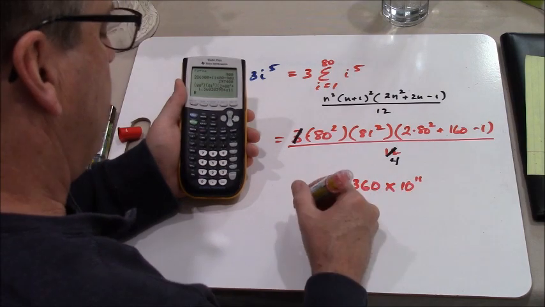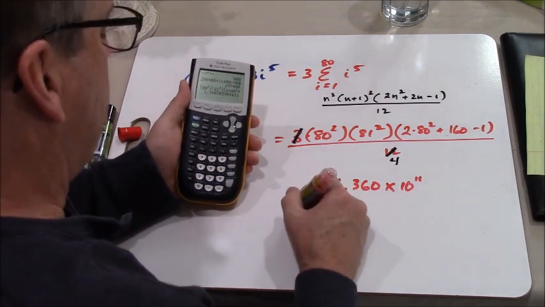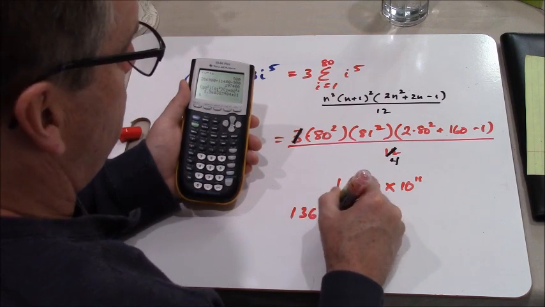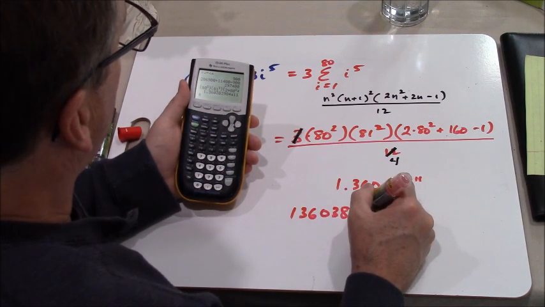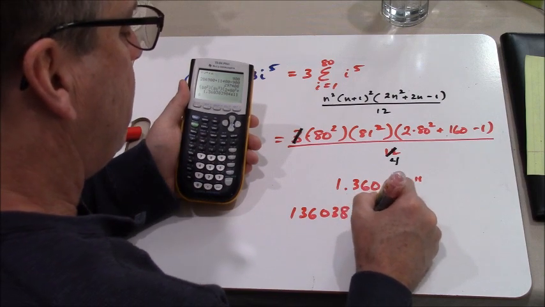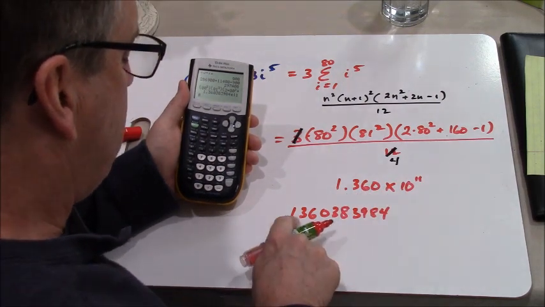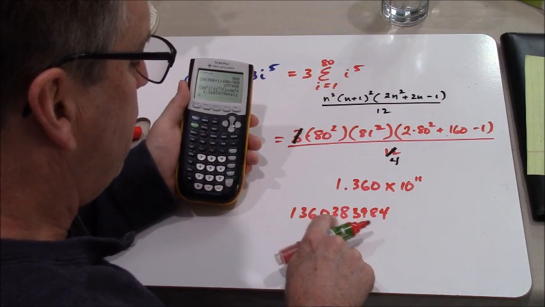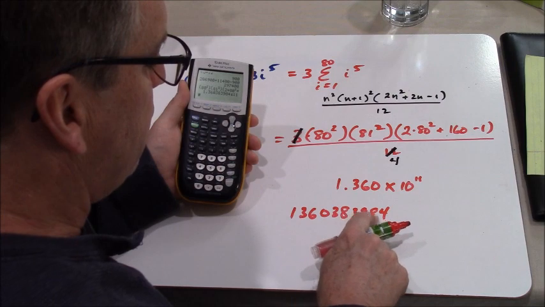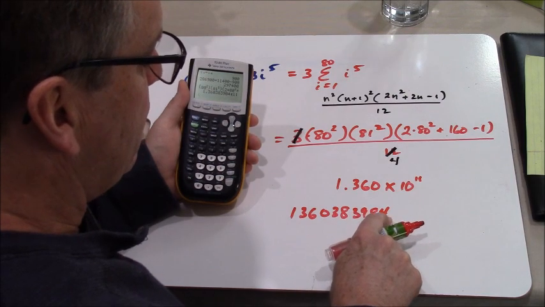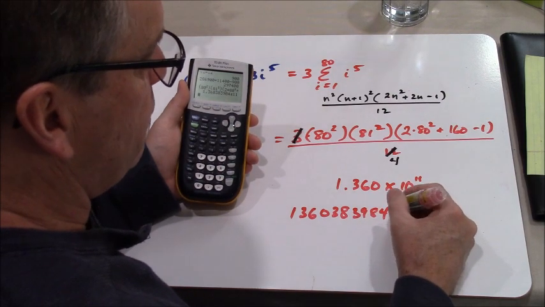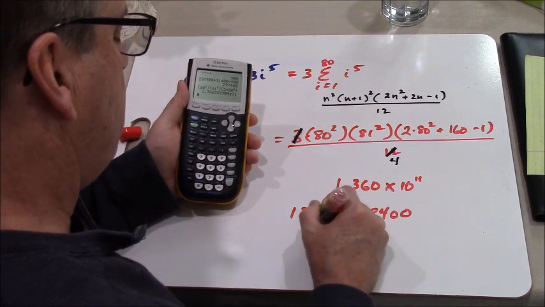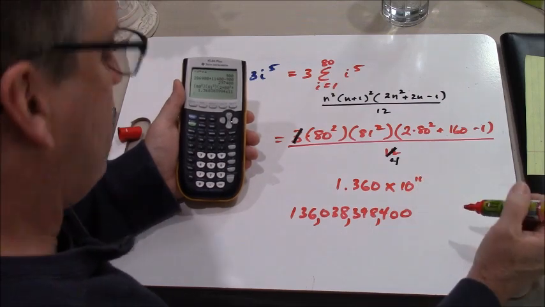So really the best answer I can get, here's everything my calculator has: 1.360383984. If I start here and I go 11 places, that's 1, 2, 3, 4, 5, 6, 7, 8, 9. I don't know what numbers come after this, so I just got to add zeros. There's 10, 11. There's the answer to that problem.